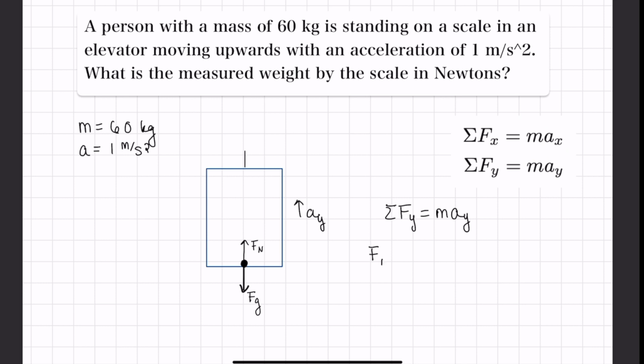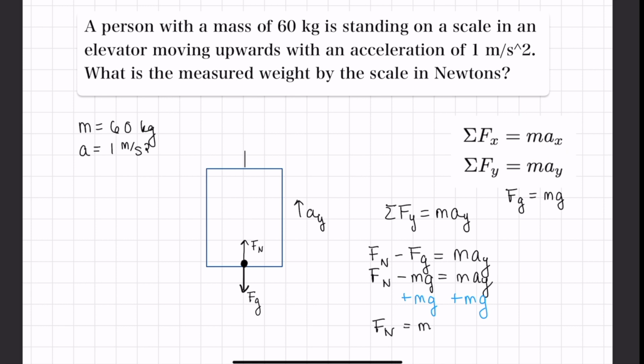And then we'll plug in Fn minus Fg equals m a_y. Gravitational force is equal to mass times gravity, so I will substitute that into our equation. And then we'll go ahead and add that mg to the other side to get Fn equals m a_y plus mg.